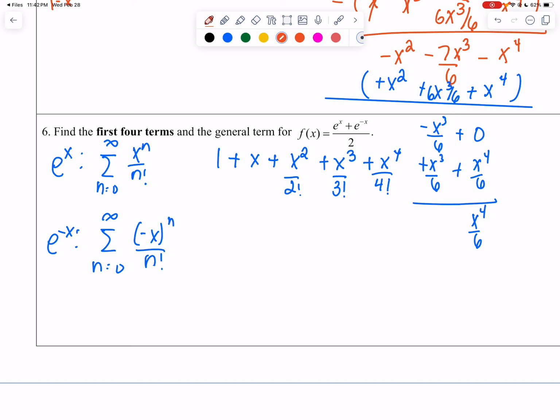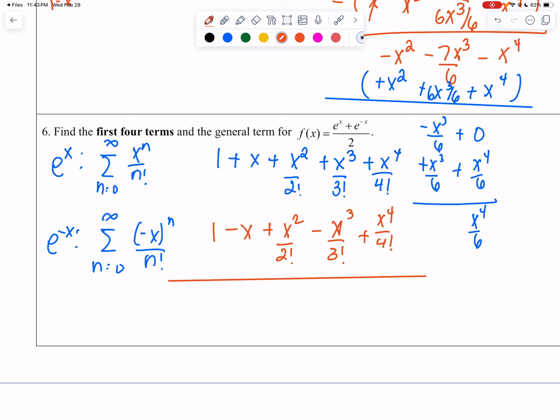With the negative x to the n, I'm going to have 1 minus x plus x squared over 2 factorial minus x to the third over 3 factorial plus x to the fourth over 4 factorial.